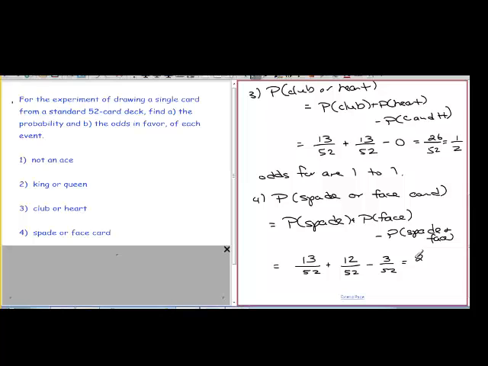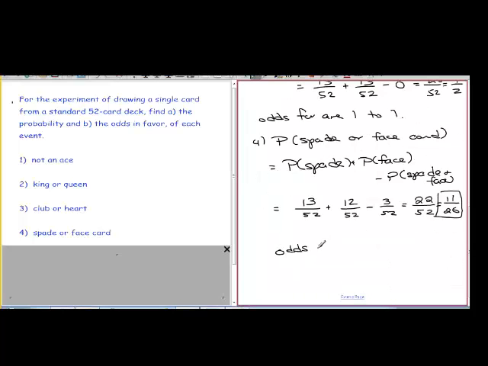And so your answer is 22 divided by 52, which is 11 divided by 26. And the odds for are 11 to 15.